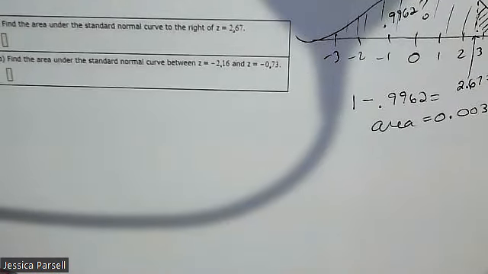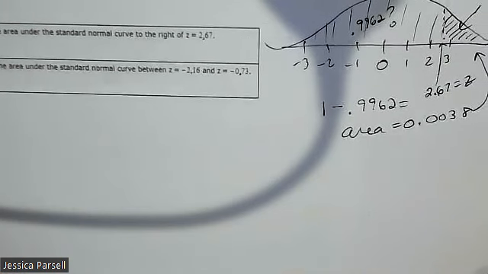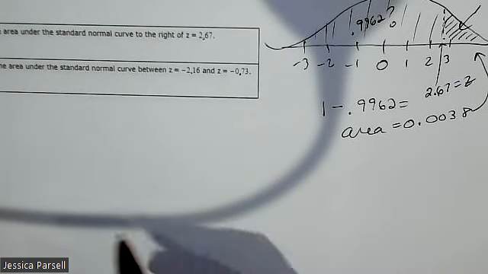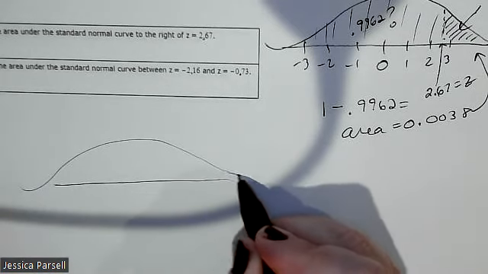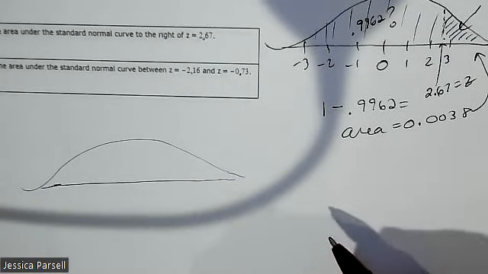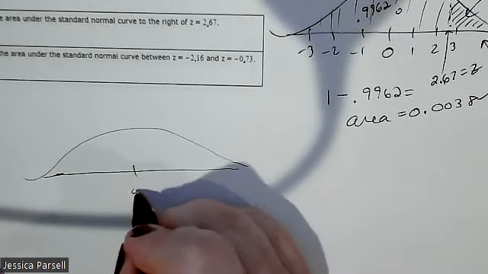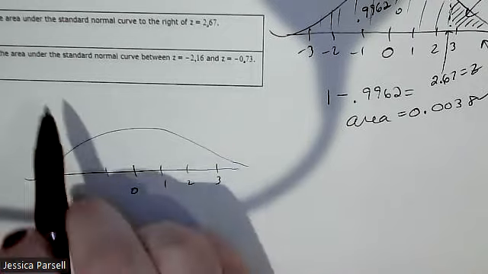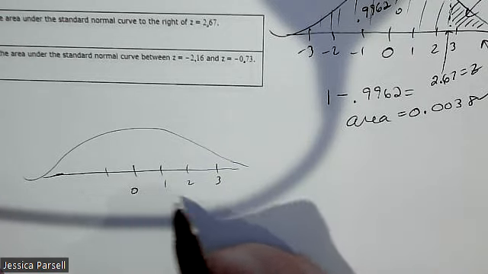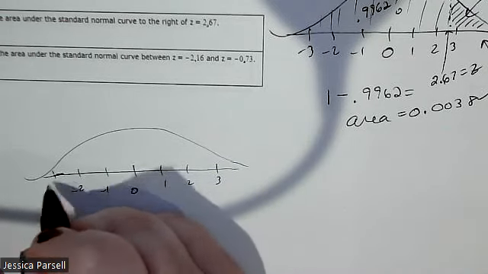All right, now the second part is find the area under the standard normal curve between these two z-scores. Okay, so again, I'm going to strenuously encourage you to draw the curve. We have our 0. Anytime they say standard normal curve, remember it's a mean of 0 and a standard deviation of 1.